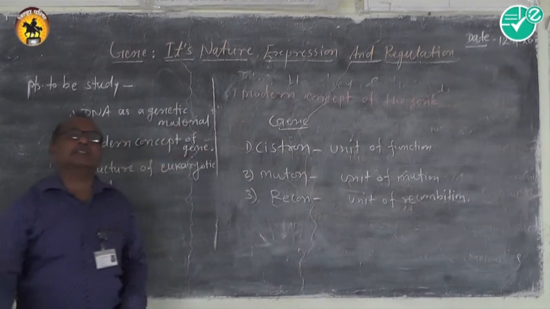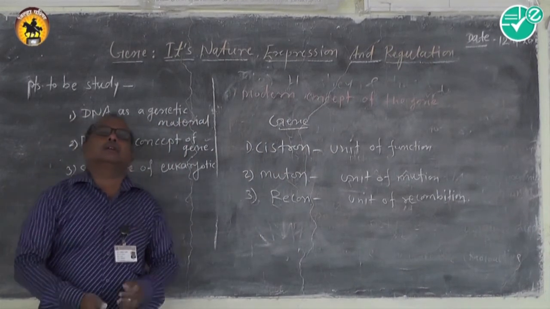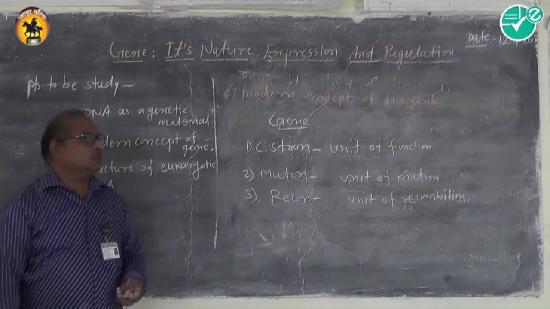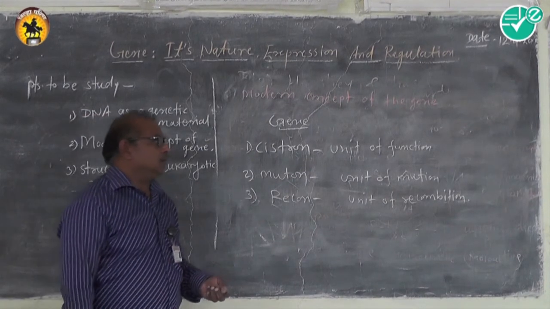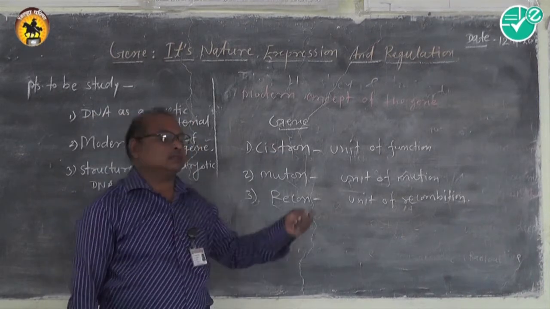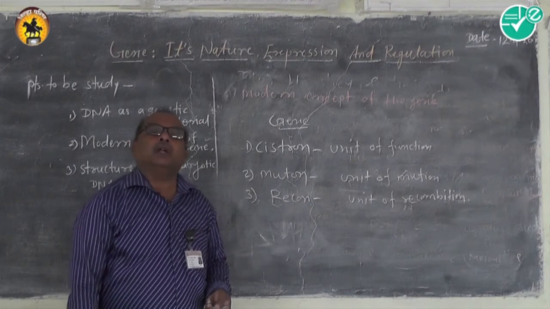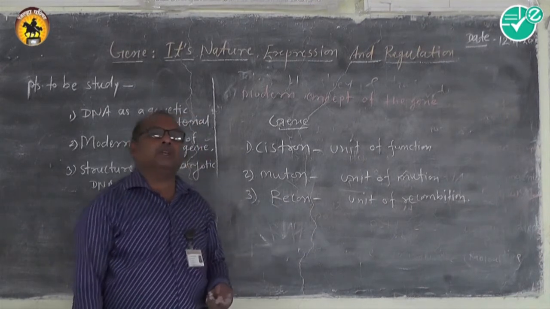Such three concepts as modern concepts of the gene were given by Seymour Benzer, which have different lengths. Cistron, the unit of function, has a few hundred nucleotide base pairs.